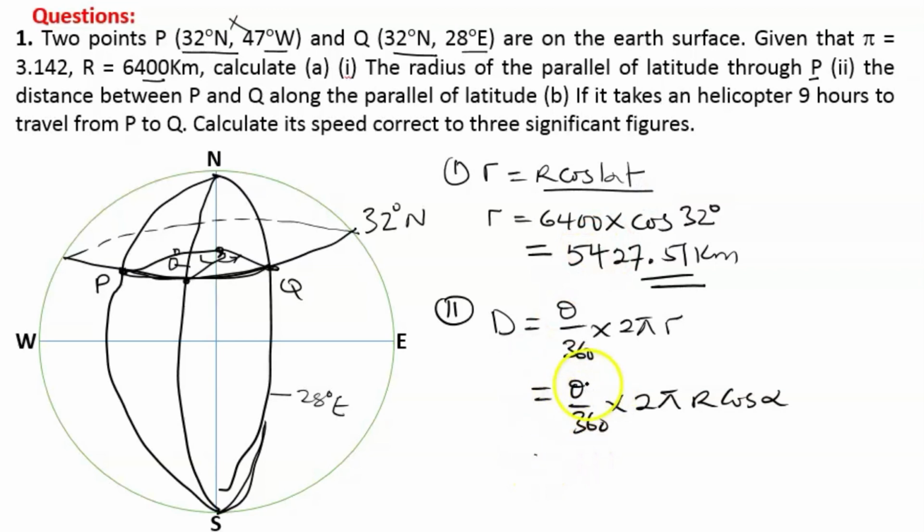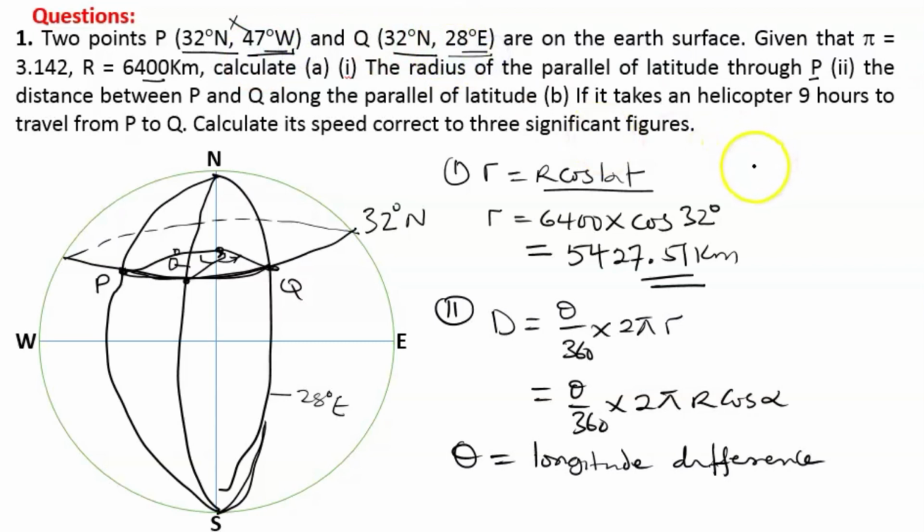Another thing that we need in this formula is our theta, which is the longitude difference. So how do we get the longitude difference? Simply by looking at the longitudes. We have 47 degrees west and 28 degrees east.